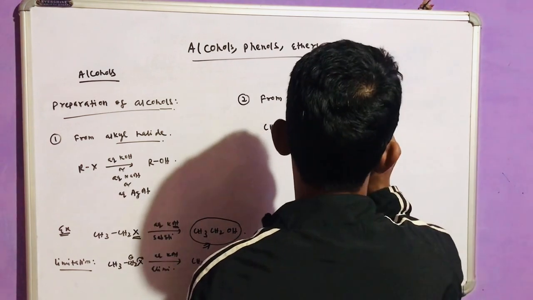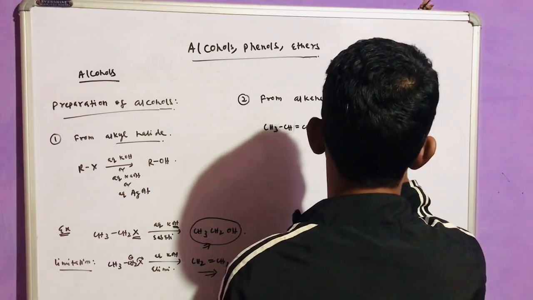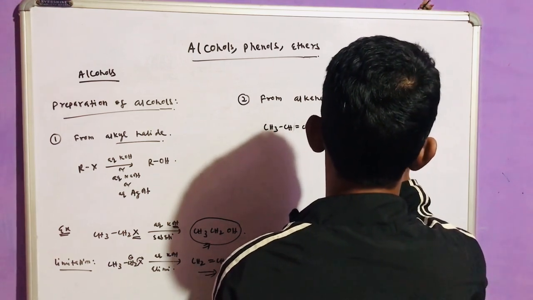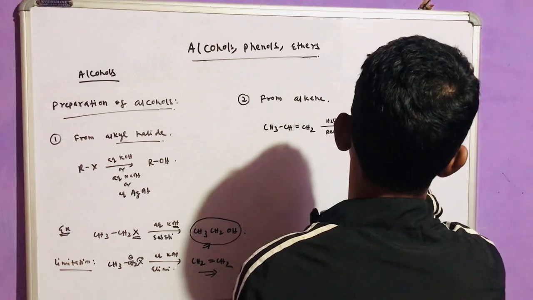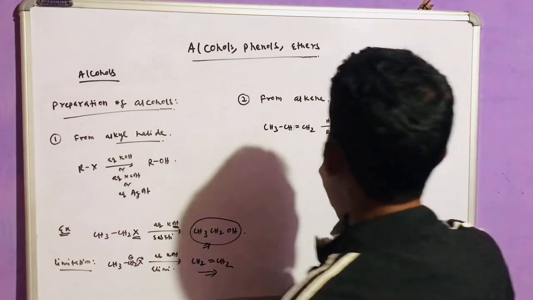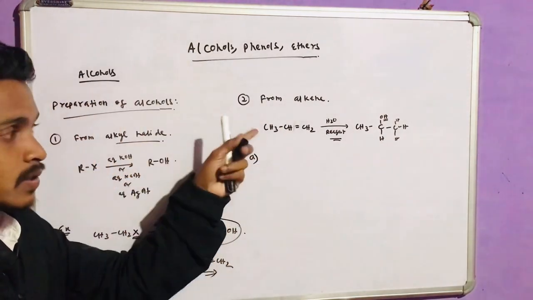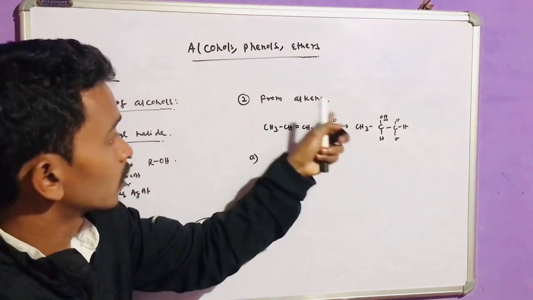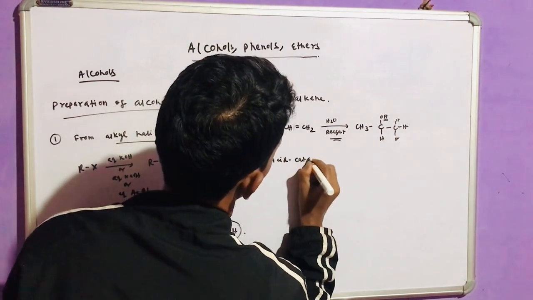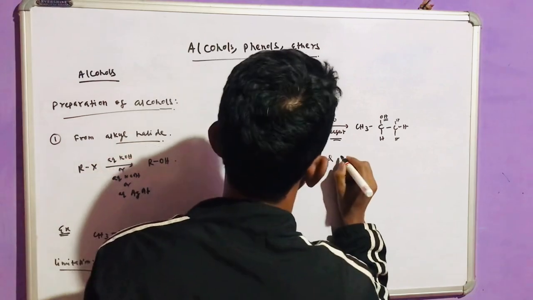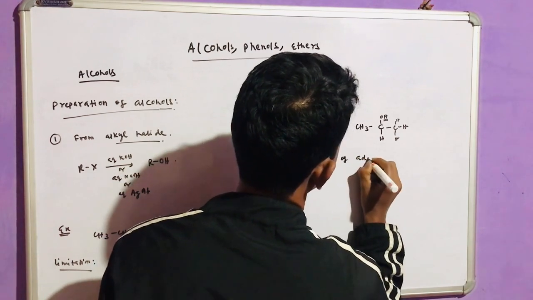Then CH3CH2OH forms, where OH and H add. So OH will come if we give water with some reagent. With this we can synthesize alcohols from alkenes, through acid catalyzed addition of water.